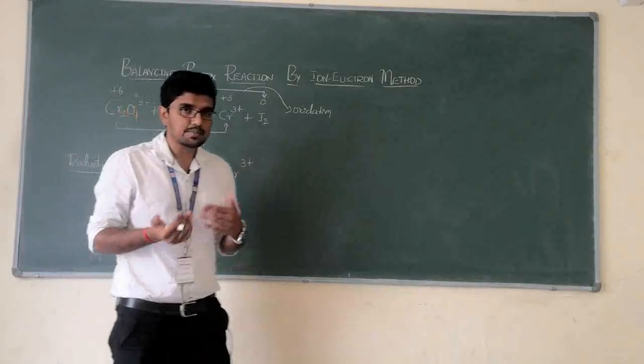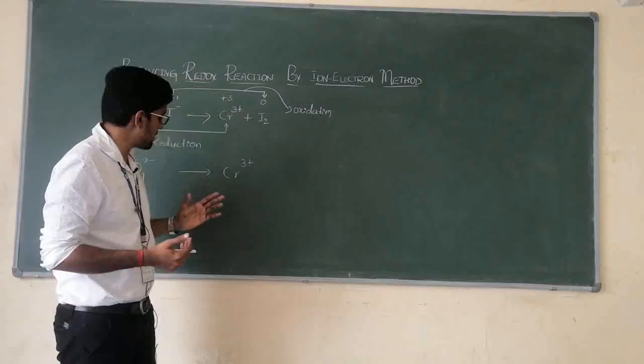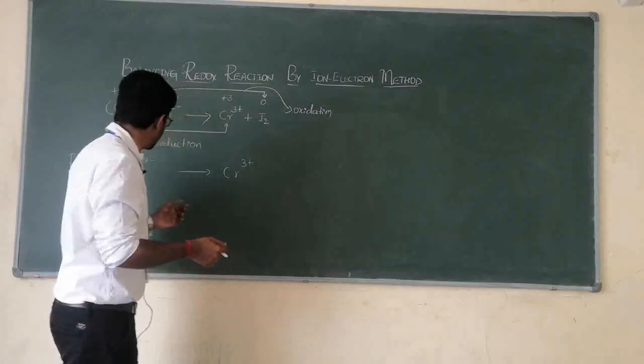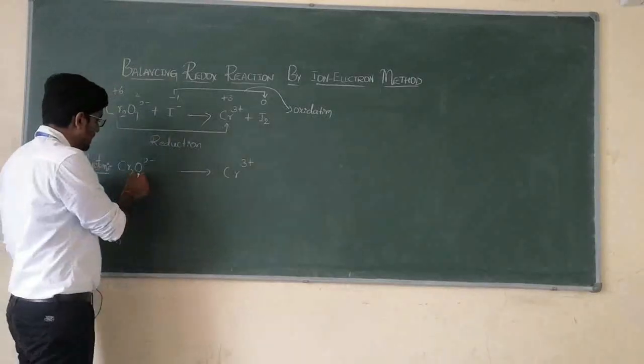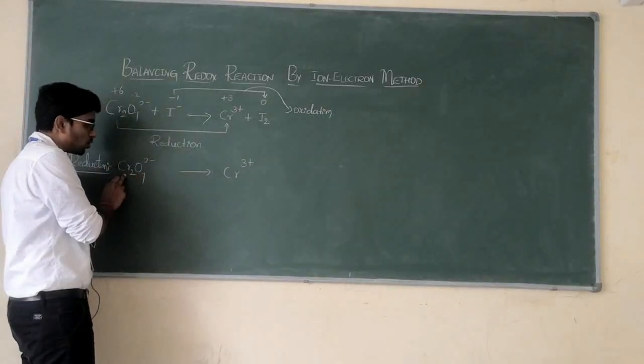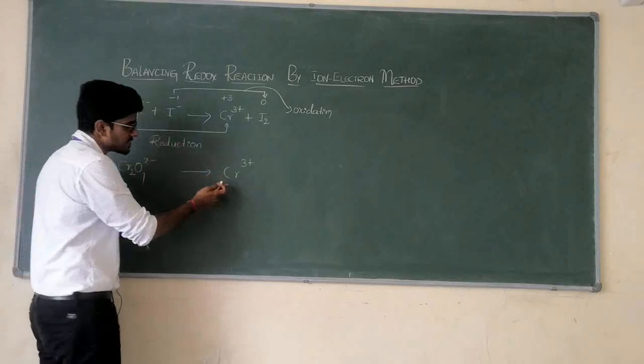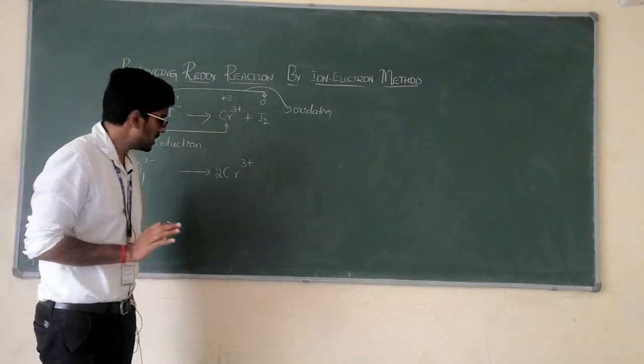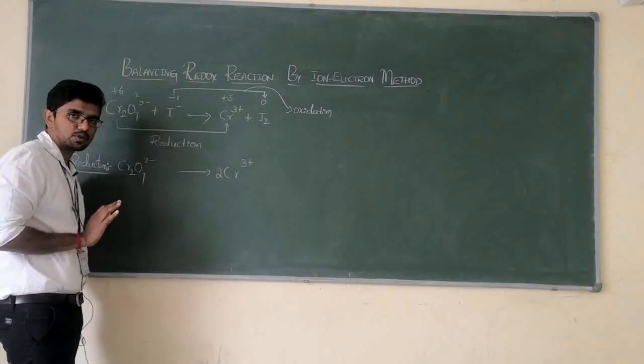After writing it separately, let us balance atoms other than oxygen and hydrogen. Other than oxygen, we have chromium. There are 2 chromiums on the left hand side and only 1 on the right hand side, so let us put 2 here. Now chromium is balanced.